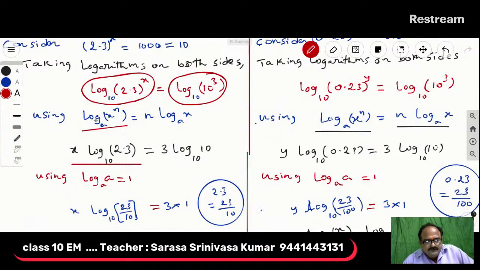Using this formula, we have written this step as x log 2.3 base 10, and this can be written as 3 log 10 base 10, using the formula log x to the power of n to the base a equal to n log x base a.